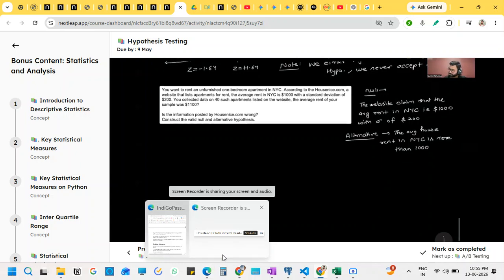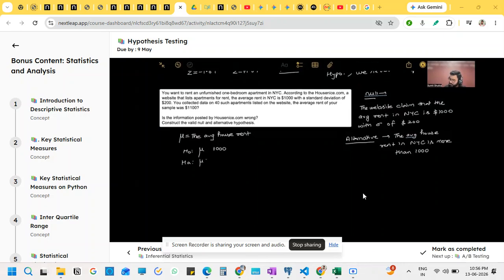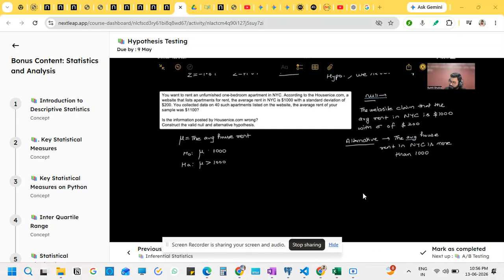Now, we'll assume that mean or mu represents the average house rent. Now the null is mean is equal to 1000. You believe mean is greater than, sorry, I am wrong over here. So you believe that it is greater than 1000 while the null is less than or equal to 1000, right?